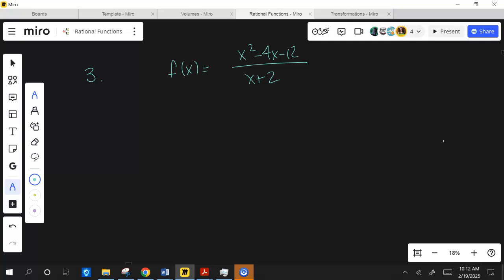So top heavy means yes. That'd be the same. So it would be the leading coefficient of the top divided by the leading coefficient of the bottom. So it'd just be 1.